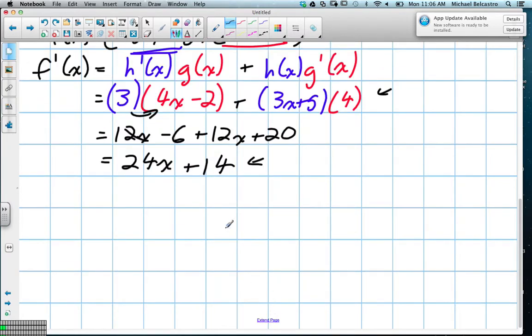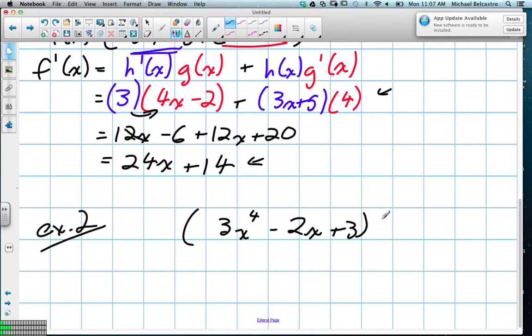Okay? Let's do a chain rule. Let's say we have 3x to the power 4 minus 2x plus 3, all to the power of 4. So here is our original function. We want to derive this.